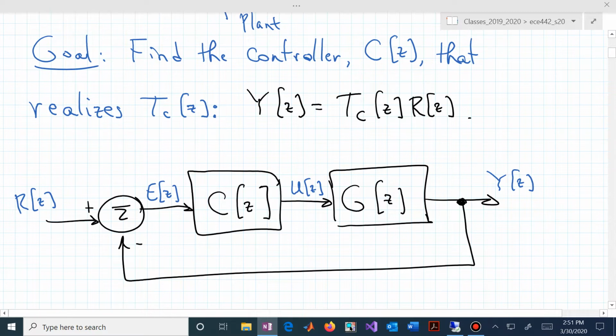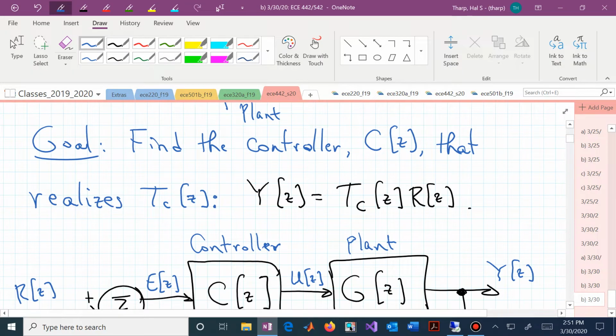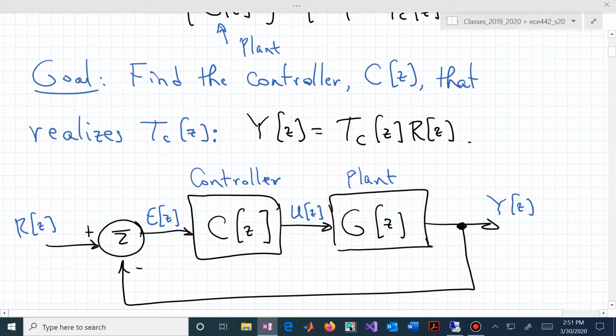Here is our assumed configuration for the closed loop system. We have the plant and we have the controller. Those are both in the forward path, and we only have unity output feedback, where y is coming back without being filtered and being compared with our reference input r of z.